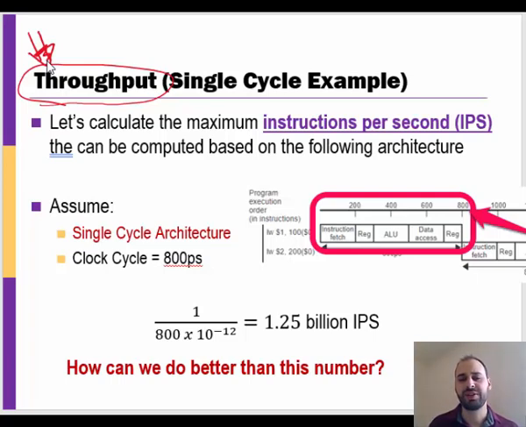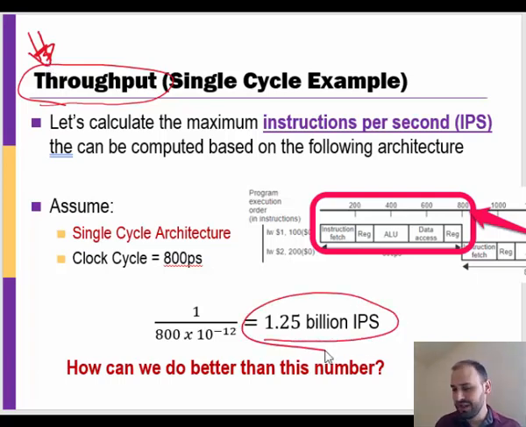Since we know the clock cycle is 0.8 nanoseconds, and every clock cycle runs one instruction, we can figure out that this is going to be 1.25 billion instructions per second. Sometimes that's written as GIPS, with G for giga.